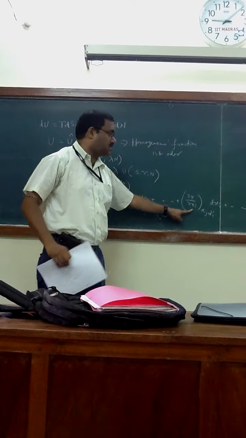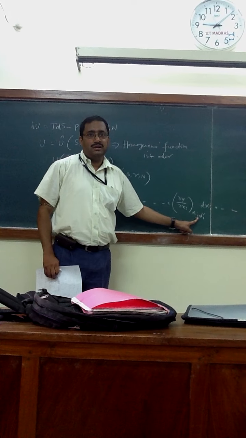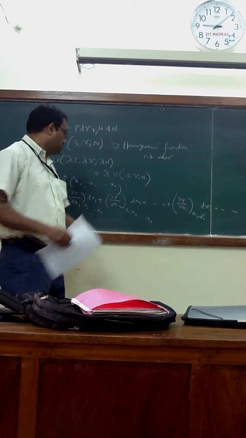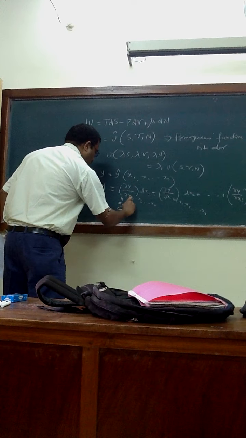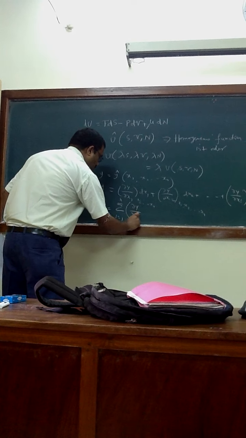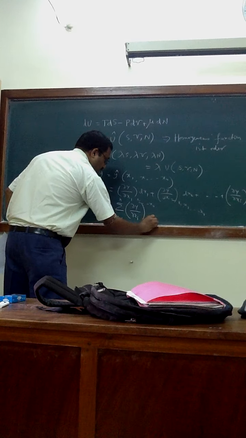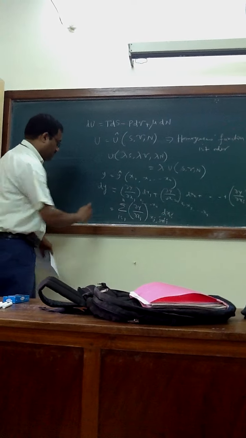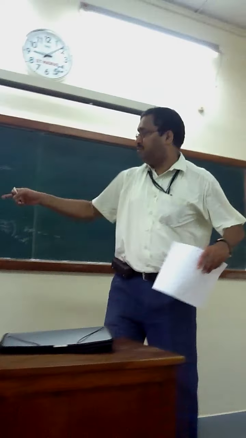So this is the generalized term. What are kept constant? If it is dx2, except x2 everything is kept constant. So we can write this as the summation i equals 1 to n of dou y by dou xi at fixed xj, where j not equals i, dxi. This formula will be useful later.